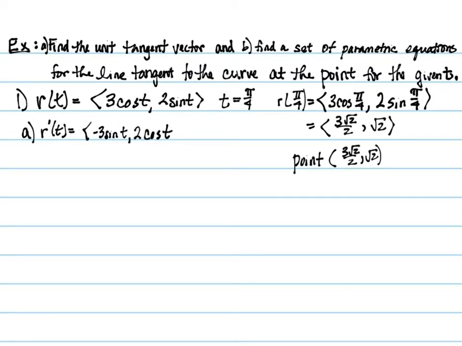Everybody good with that? Okay. And we're going to evaluate that at pi over 4. So we have negative 3 sine pi over 4, 2 cosine pi over 4. What will that give us?